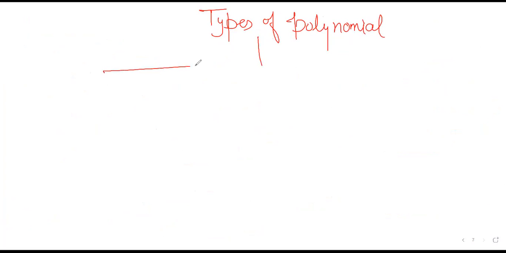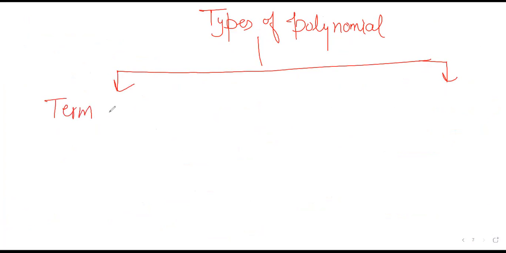So this is the polynomial concept, and now I'm talking about types of polynomial. Mainly there will be two types of polynomial. Let us draw a branch tree diagram. First is term-wise and second is degree-wise.